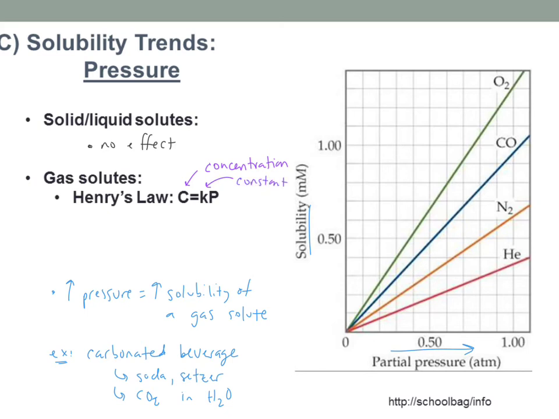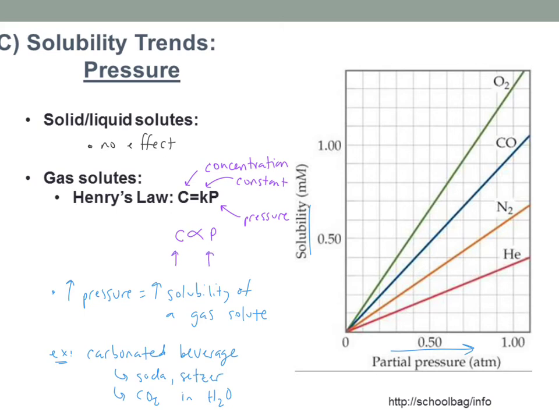That constant changes depending on the gas that you're talking about, and P is the pressure acting on that solution. Basically it's saying the same thing, which is that the concentration of that solute is directly proportional to the pressure on that solution. So you have a higher concentration at higher pressures, is all that it's saying.